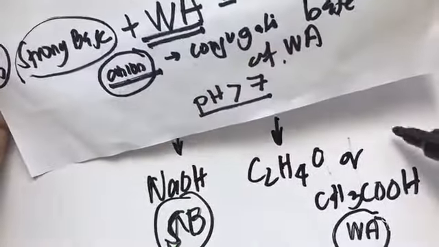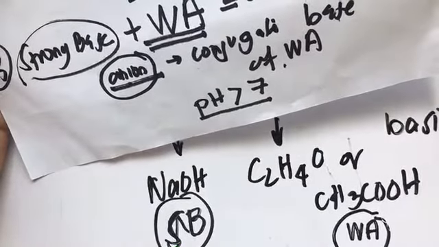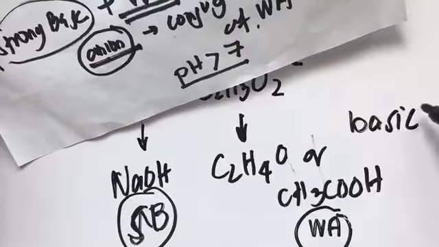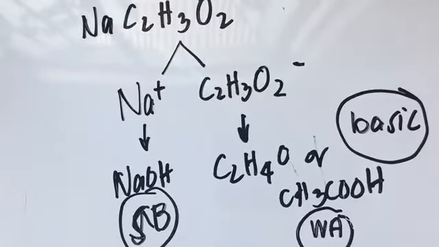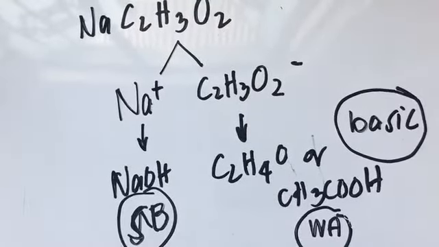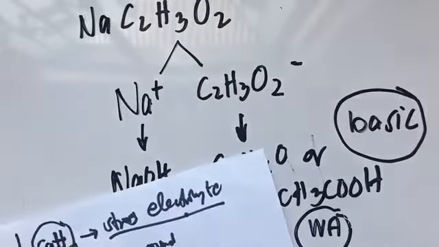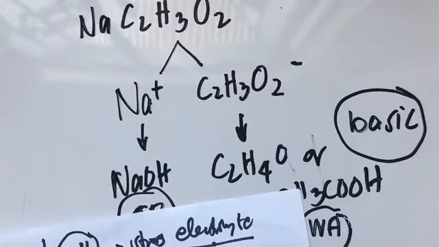So, ibig sabihin, this is basic. So, ang kanyang aqueous solution ay magiging basic. So, nagko-coincide ba yun dun sa datos ng experiment? Tingnan natin kung nagko-coincide sila dun sa datos ng experiment.